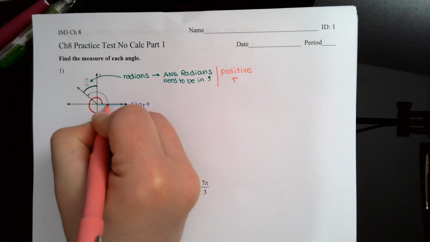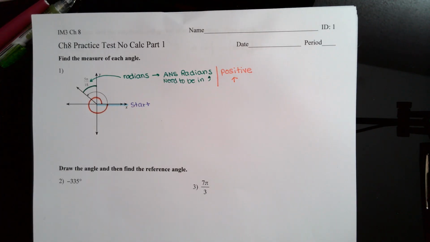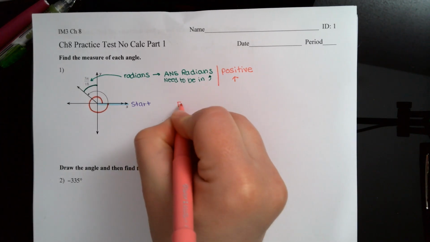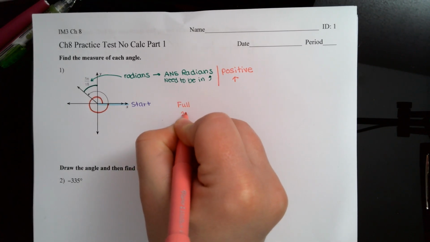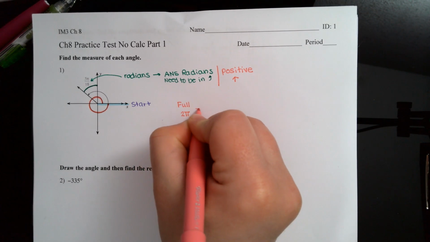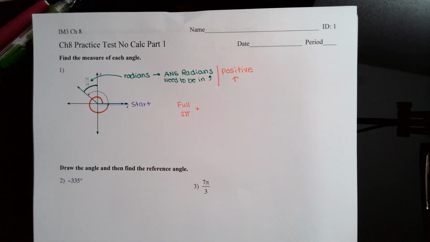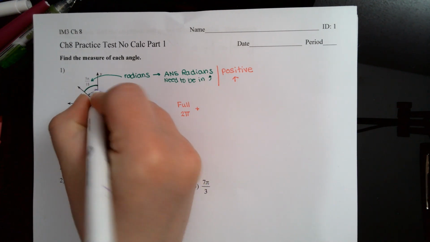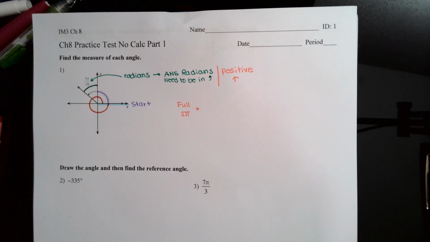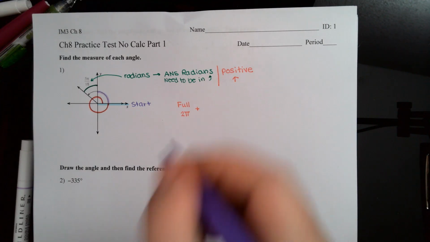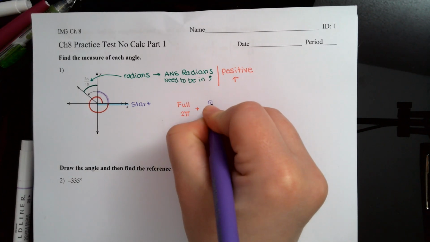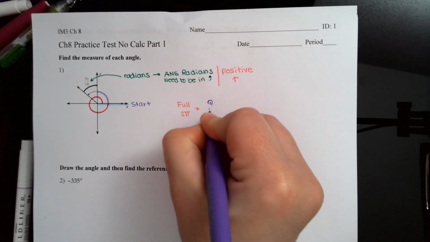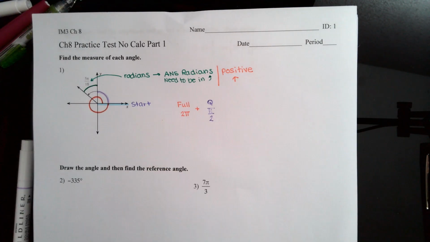And then you start calculating the distance traveled. Since I traveled one full cycle, that means I have traveled 2 pi. And I then traveled this quarter, and a quarter is pi halves.